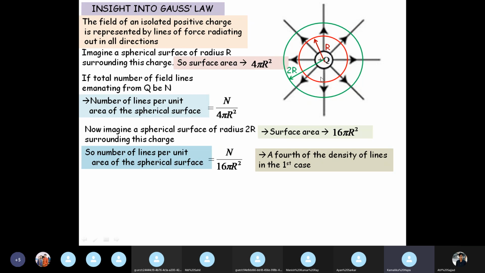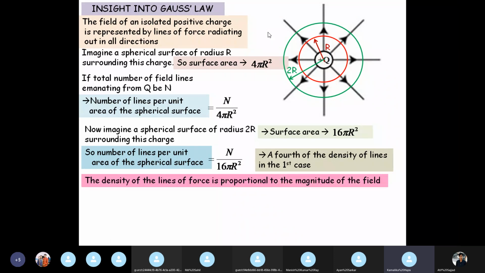So from this picture itself, it is clear how the strength of the electric field will decrease as you move away from the charge. Okay, so we can say that the density of lines of force is proportional to the magnitude of the field. Now the magnitude of the field on the surface at distance r, we have just learned how to calculate the magnitude of the electric field at a distance r.